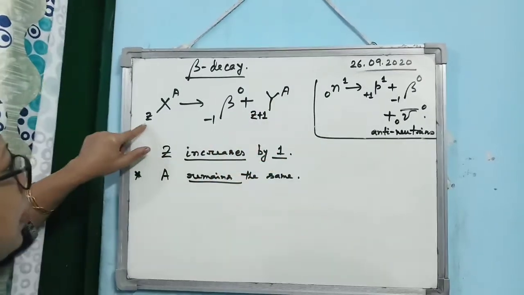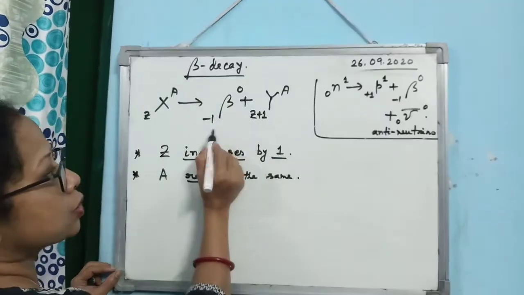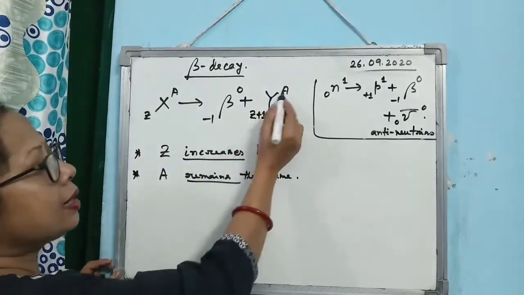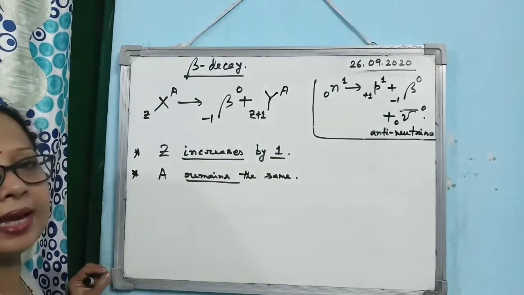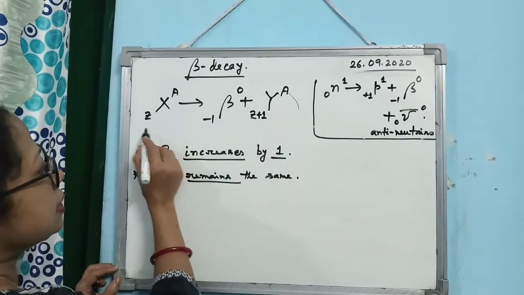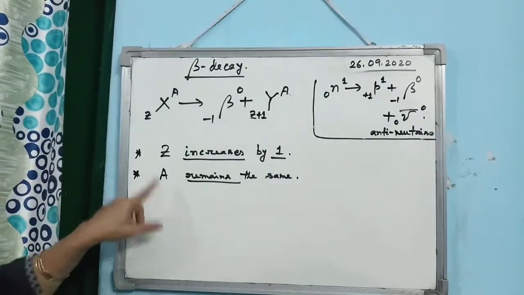But what should it be? It should be Z. So that way also it comes to Z plus 1, because Z plus 1 minus 1 is Z. Then the mass number, A plus 0, is A. Alright. So this is the nuclear reaction representing beta decay.